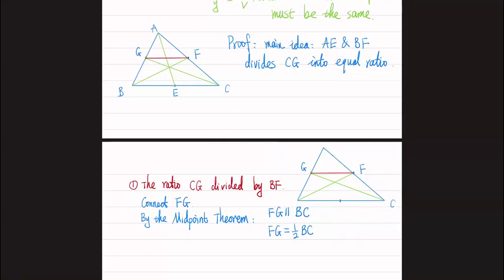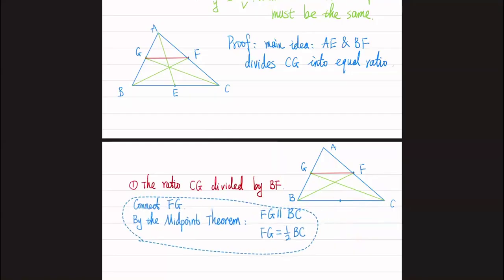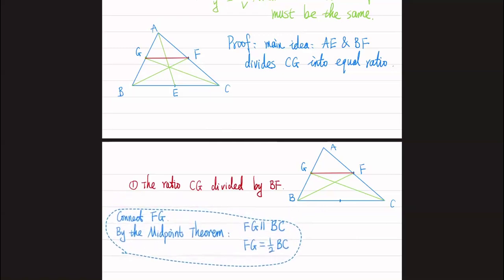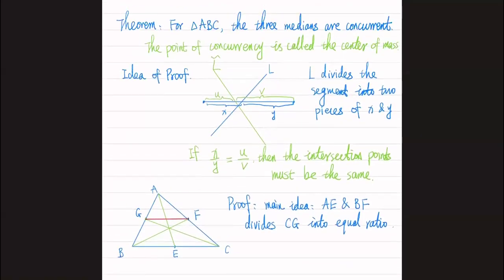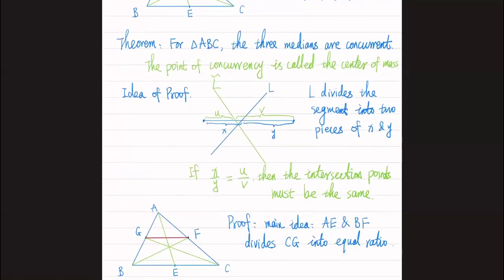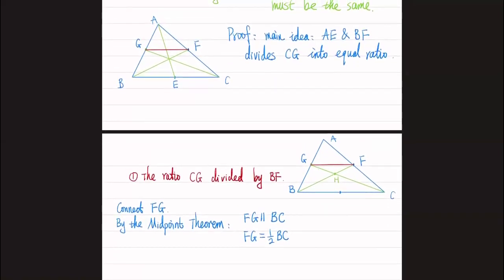Label this A, this B. I will label this point H. There's a potential issue here because I have used G already. Let's keep this. We call this H.